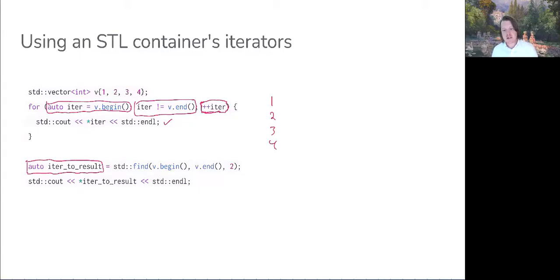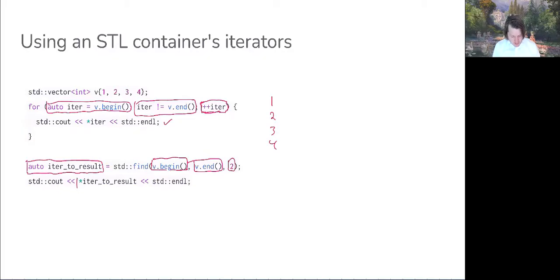But iter to result is initialized with the result of the standard template library's find algorithm. We pass in an iterator to the first element in the sequence. We pass in an iterator to one past the last element, which we're considering during this find process. In this case, we're searching through the entire vector and we're looking for 2.